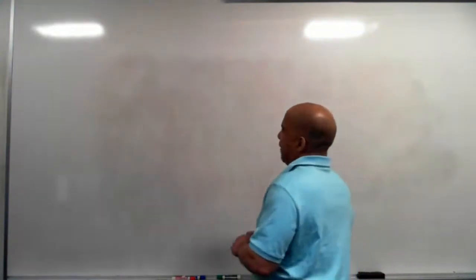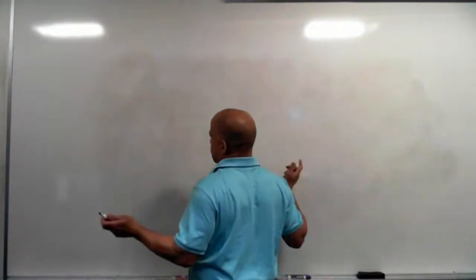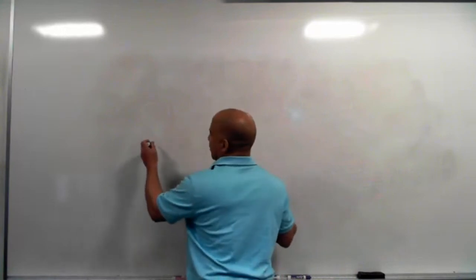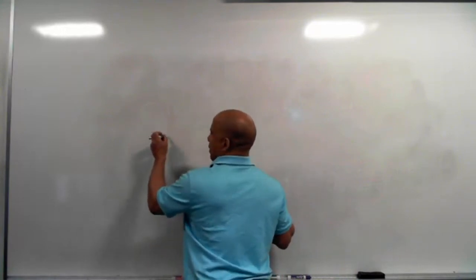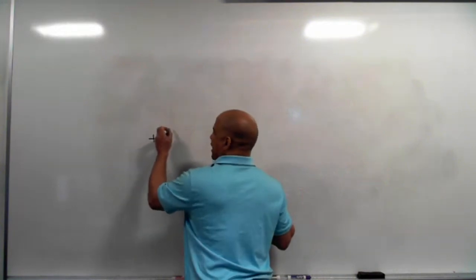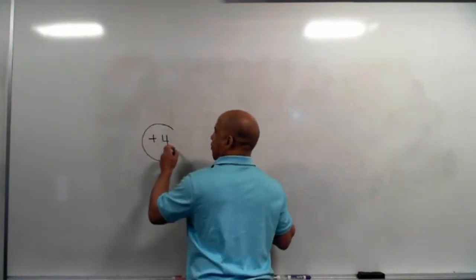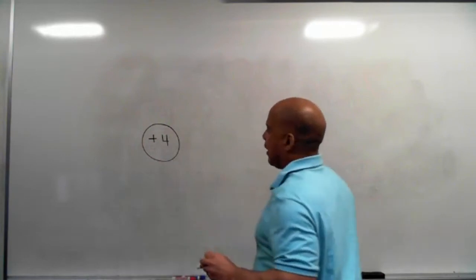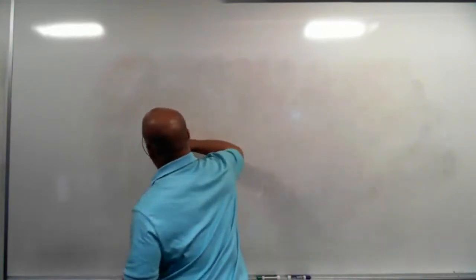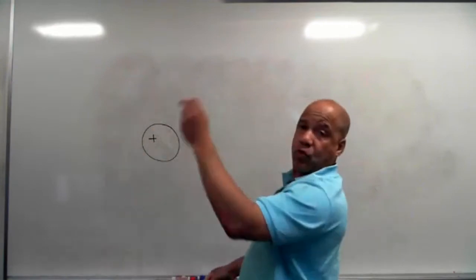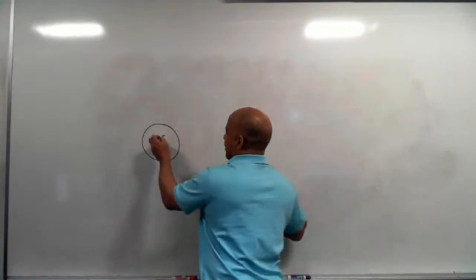Let's say I have an atom that has the atomic number 4. So we know that there's 4 positive charges in the nucleus. And actually, let me just do 2. Doesn't really matter, but I don't have to draw all those rings. So let's say we have atomic number 2.